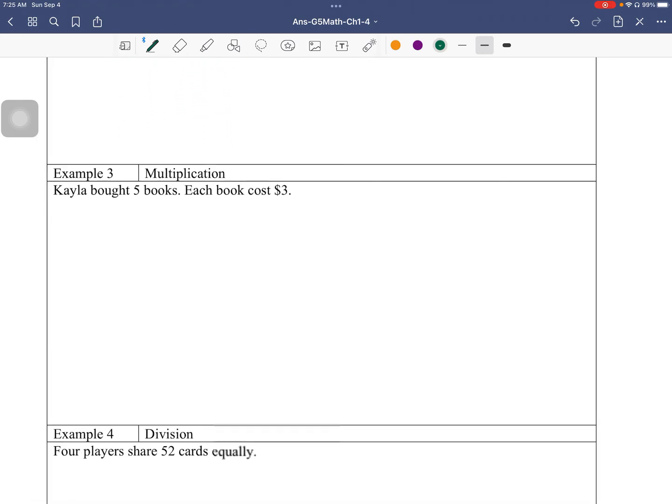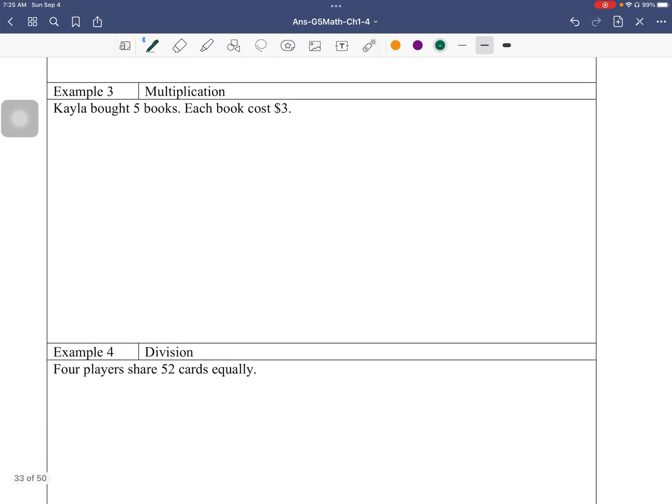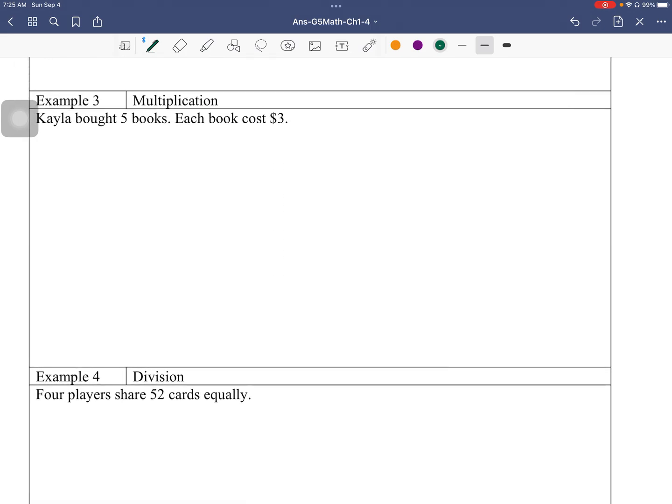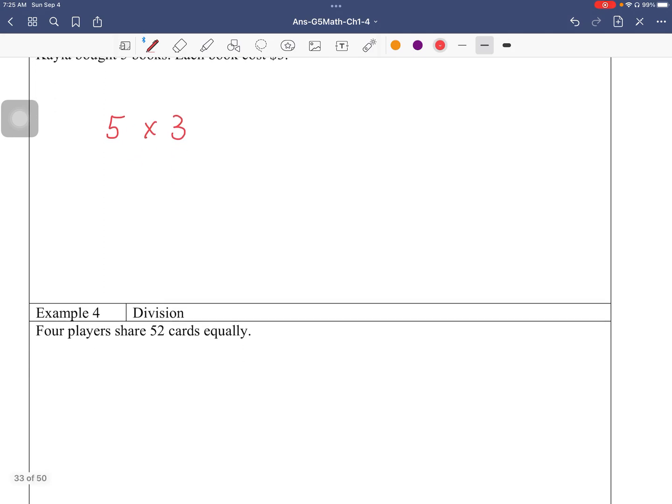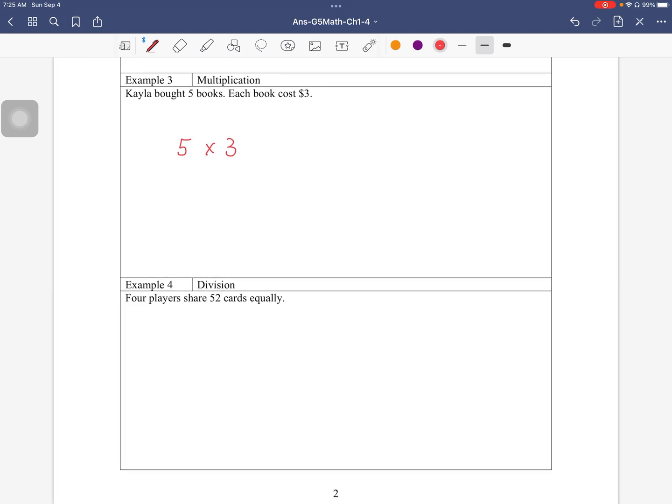So example 3, let's take a look at an example of multiplication. Now Kayla bought 5 books. Each book costs $3. And in example 4, 4 players share 52 cards equally.